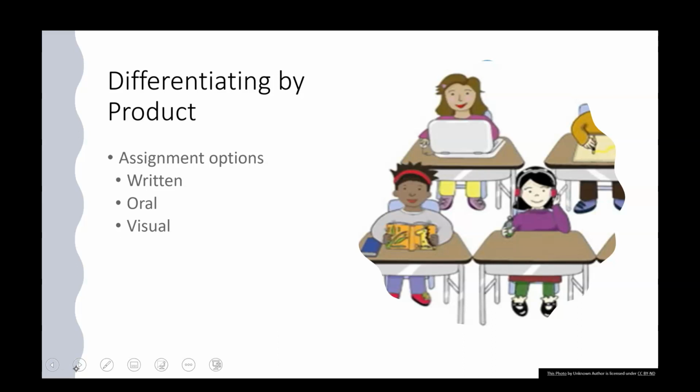And then by product, you may assign something and have different options. Differentiating by product is when you assign a project, but you may have different ways for people to present it. It could be an oral presentation, it could be written, it could be PowerPoint, or some students may prefer to make a video, but still covering the information.